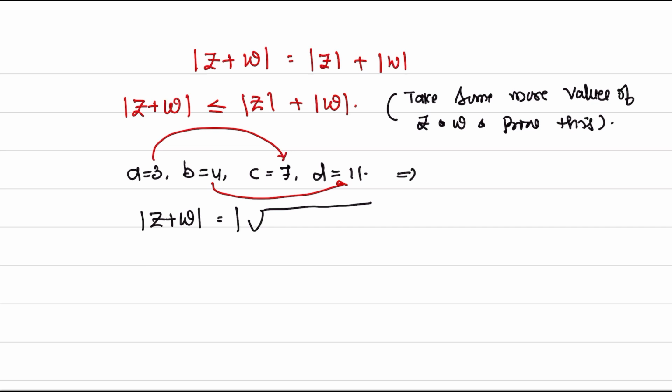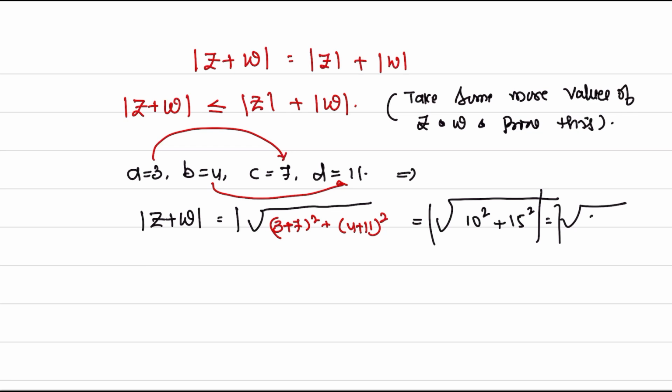(A plus C) whole square is (3 plus 7) whole square plus (4 plus 11) whole square. That is equal to square root of 10 square plus 15 square. Square root of 100 plus 225. That implies modulus of Z plus W is equal to square root of 325.